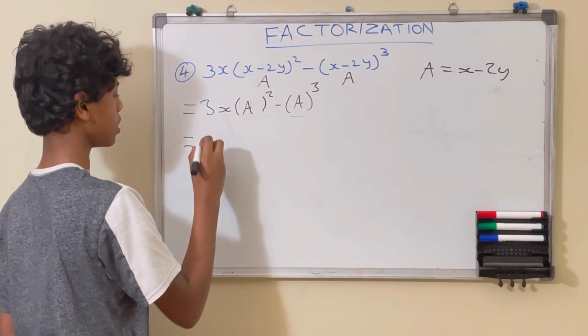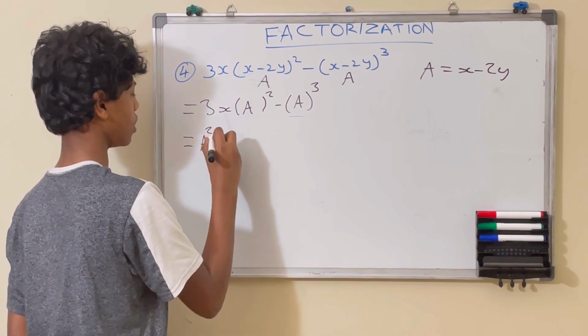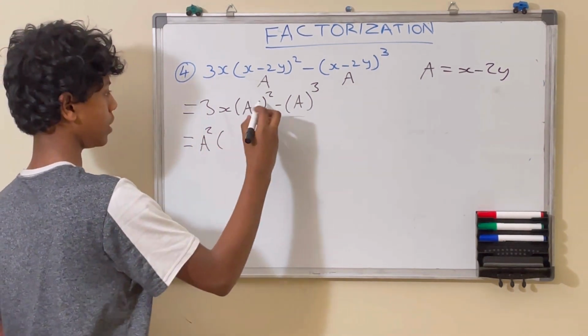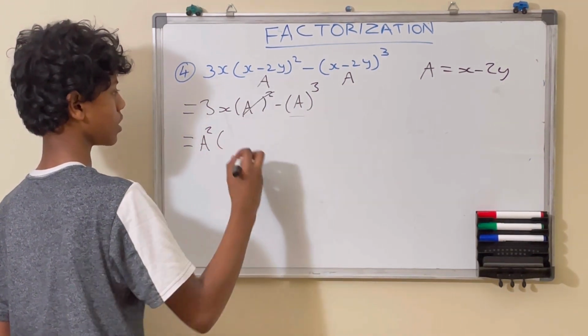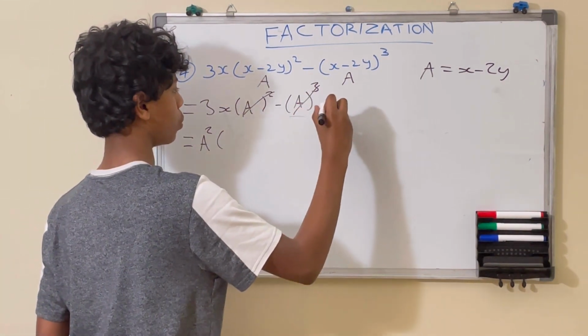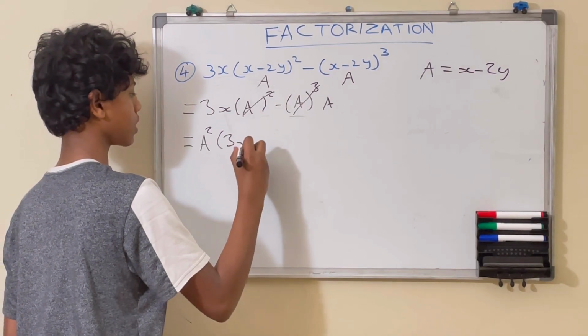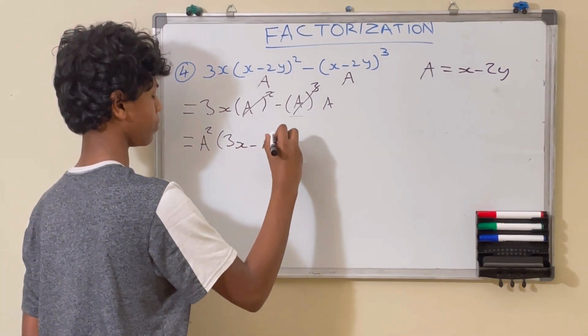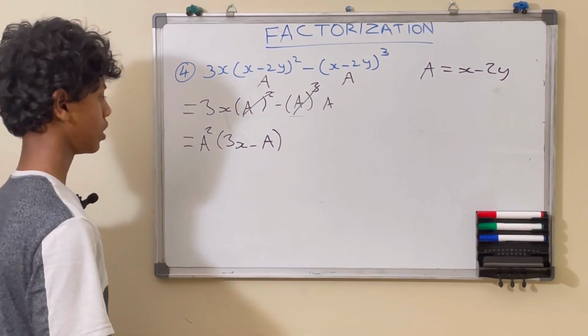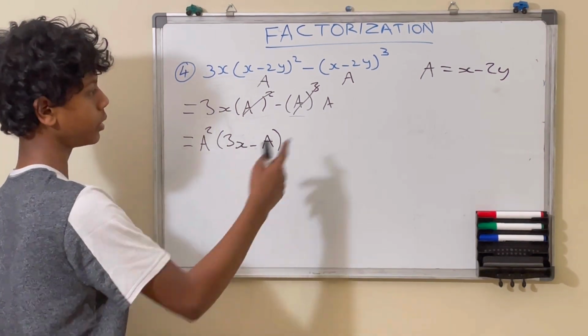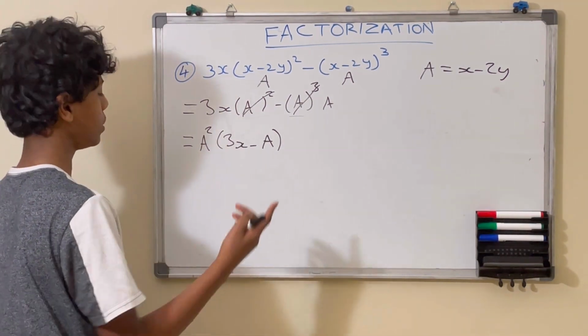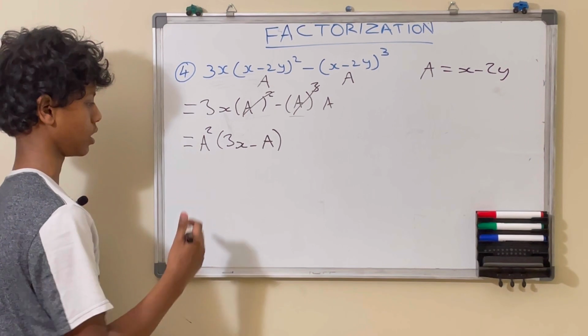So this equals a squared times, and now that we took out a squared, this becomes just a. So then we have 3x minus a. At this point, we can include our a value because we can't do anything beyond this.